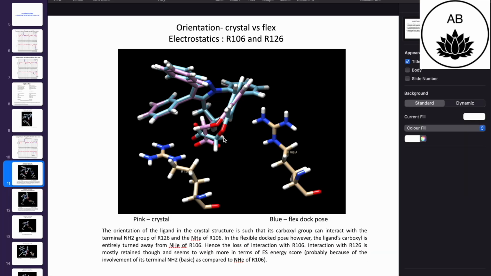Whereas in the case of the docked ligand, the carboxyl isn't facing R106 to have an electrostatic interaction with the residue. The docked ligand's carboxyl group is primarily oriented towards the R126 NH2 group, absolutely turned away from R106, which is why the interaction with R106 is lost altogether.